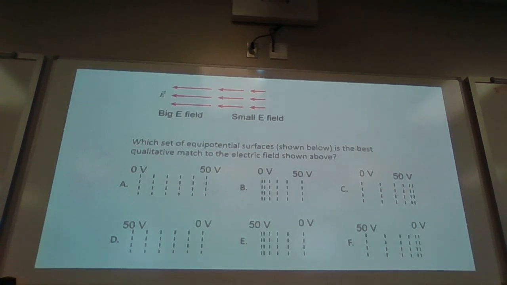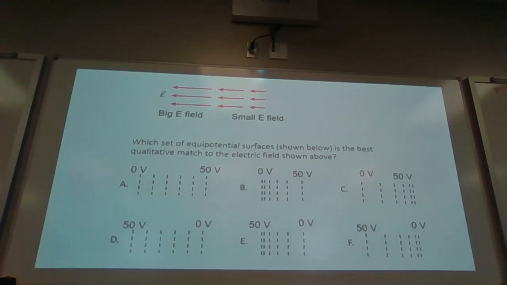One of the points has to be on the right because of the direction. I was thinking C because it's closer to the top. I think electric field is closer. But what about the voltage? Because the points have to be on the right because of the direction of the arrows. Yeah, because it goes from positive to negative. Also because it goes from high to low. Electric field points away from positive.